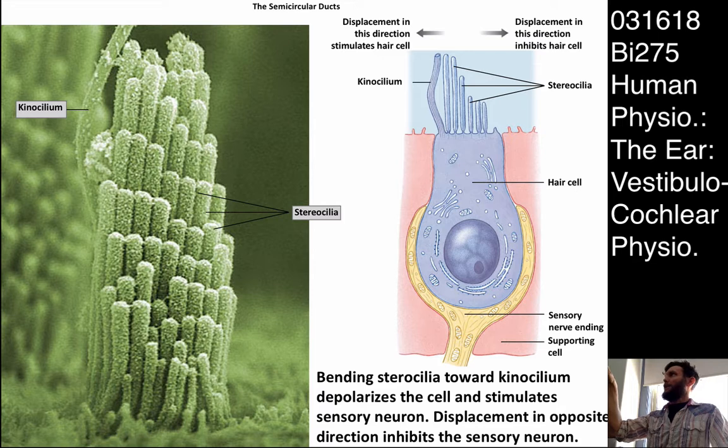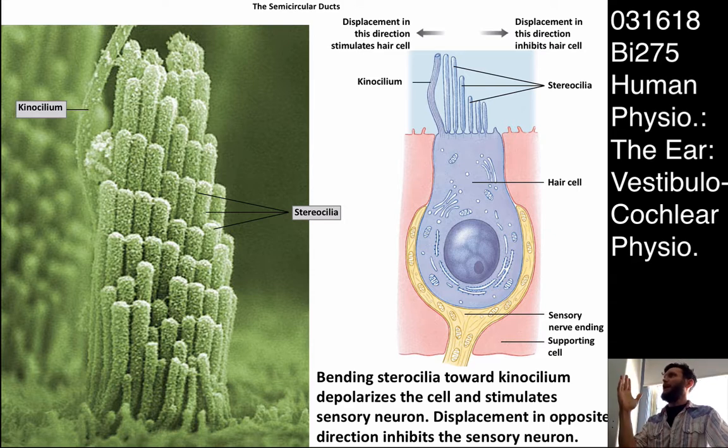We talked about the stereocilia in the hair cells of the crista ampullaris. There is another kind of specialized hair cell called the kinocilium.